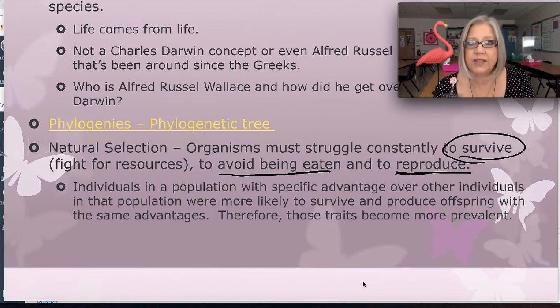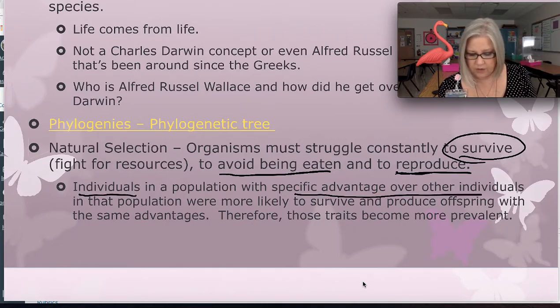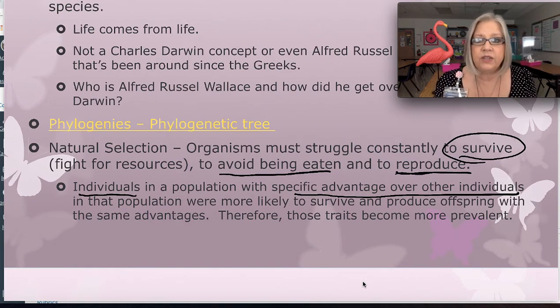Now, along the same lines with natural selection, what we see is that within the genetic biodiversity, some individuals will have advantages over other individuals within that population. And those advantages make it more likely for them to survive.